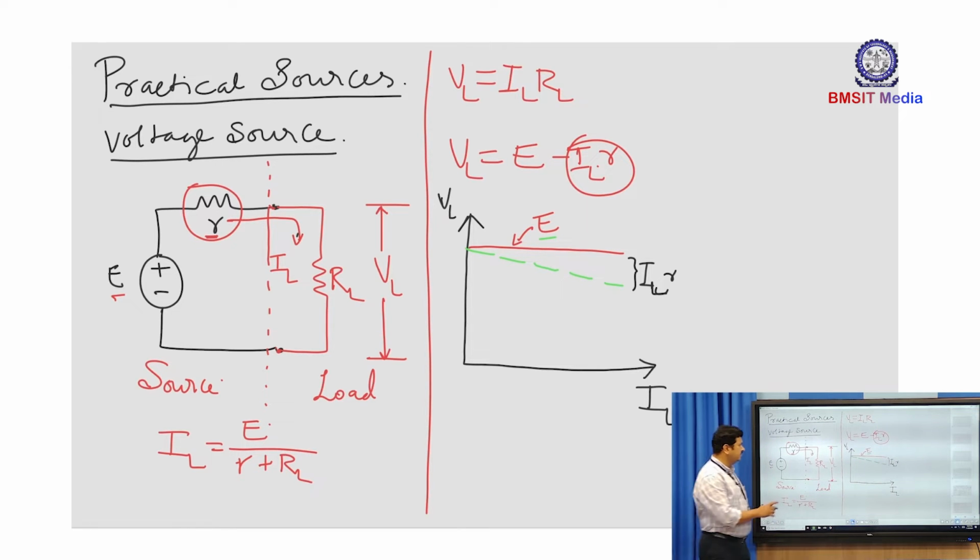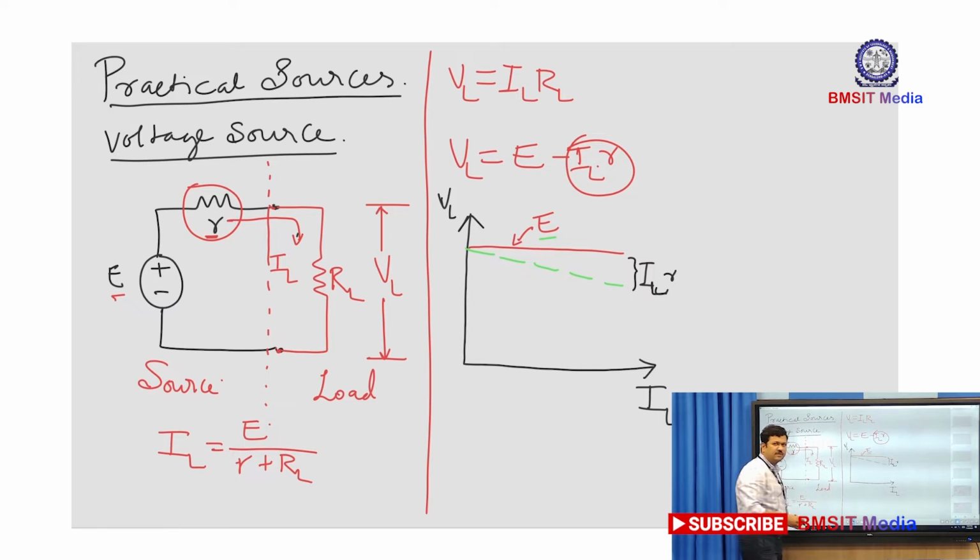So, this is the VI characteristic for a practical voltage source and an ideal voltage source. For the ideal voltage source, E will remain constant irrespective of the current.